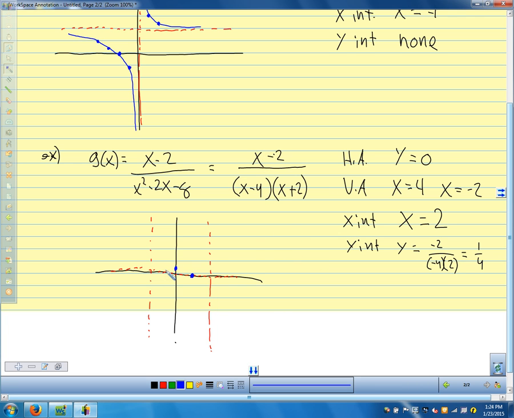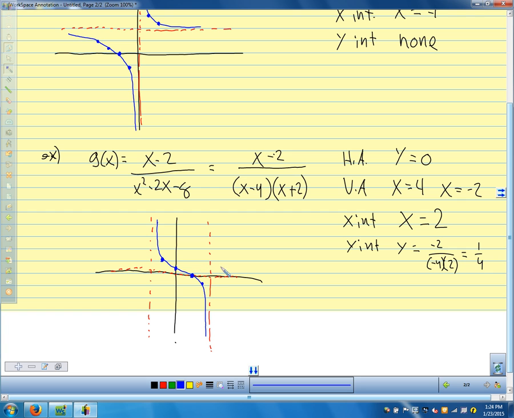If we plugged in x equals negative 1, I'm not going to calculate it all out, we would see that we get a point here. If we plug in x equals 3, we get a point down here. So our function is going to do that.